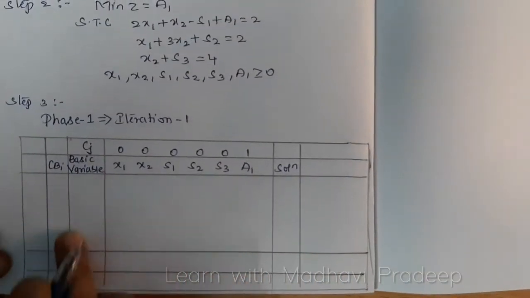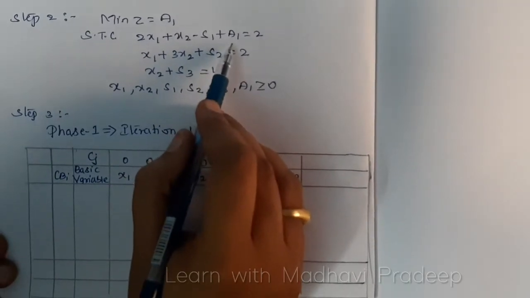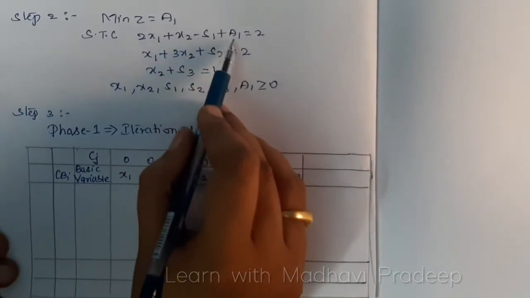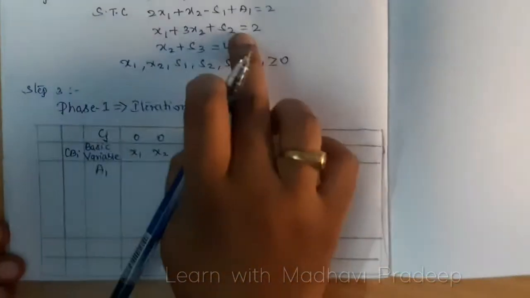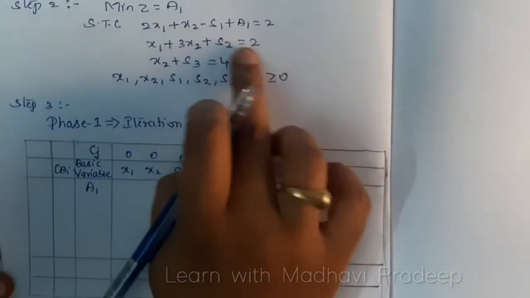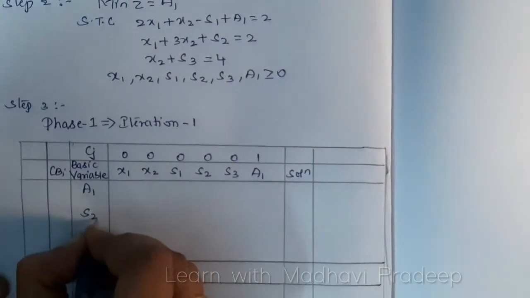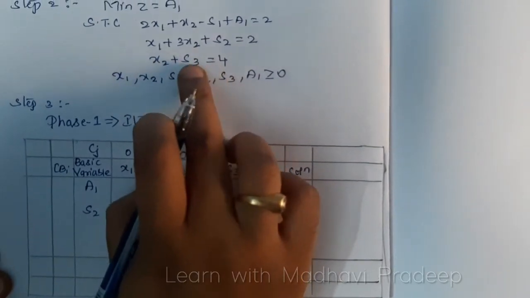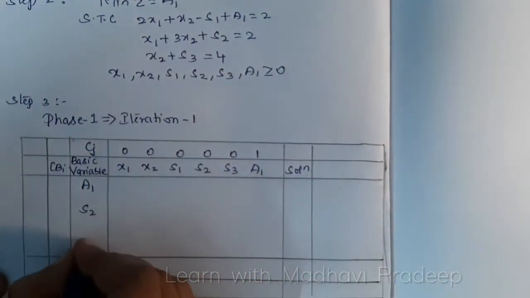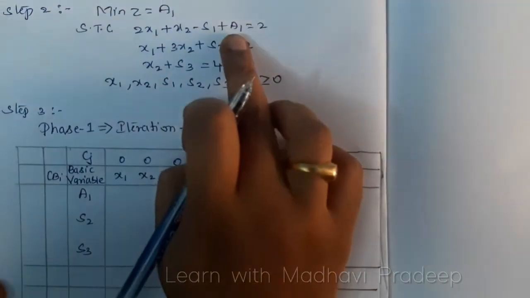Now on the column side, in the first constraint we have an artificial variable and a surplus variable, but we should write down only the artificial variable. So write down a1. In the second constraint we don't have an artificial variable but we have a slack variable, so write down slack variable s2. And in the third constraint again we don't have an artificial variable, we have a slack variable, so write down s3. So if you have an artificial variable, you have to give preference to the artificial variable.